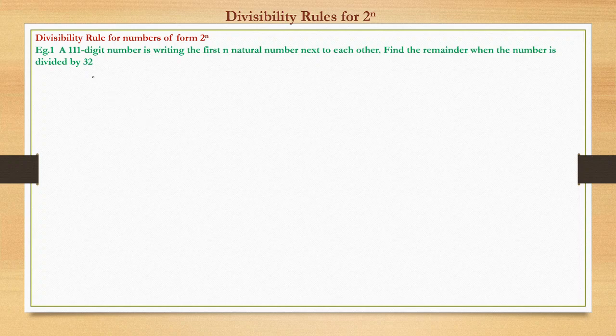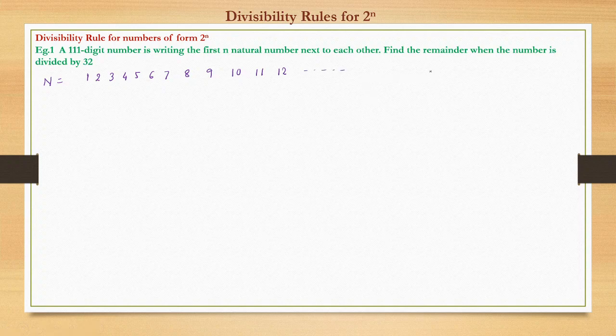Here it says the first n natural numbers are written next to each other: 1, 2, 3, 4, 5, 6, 7, 8, 9, 10, 11, 12, and so on.